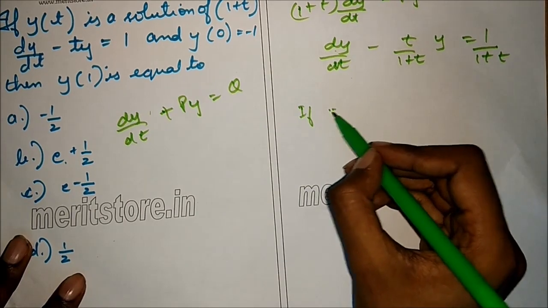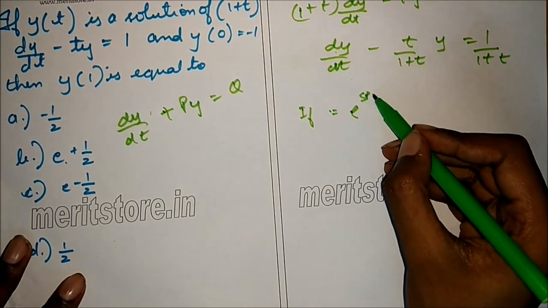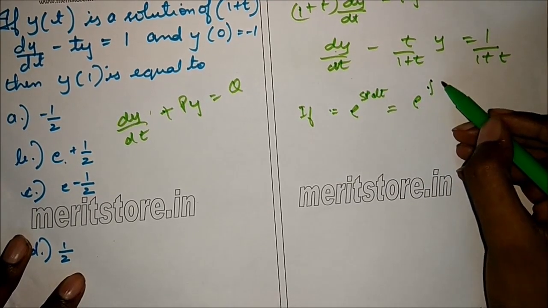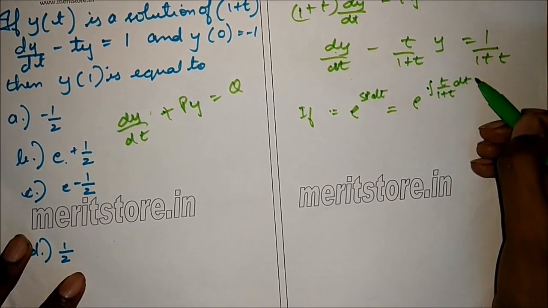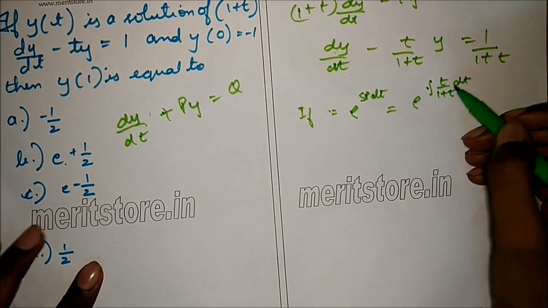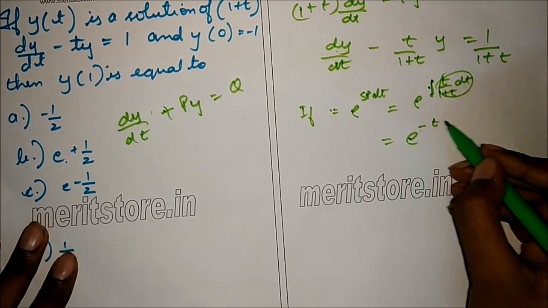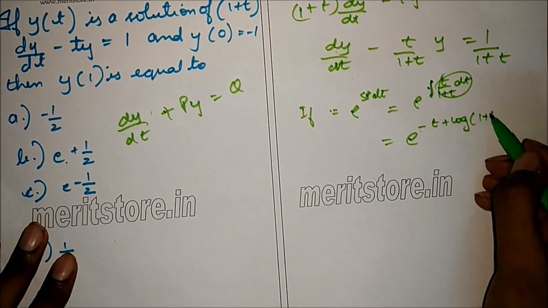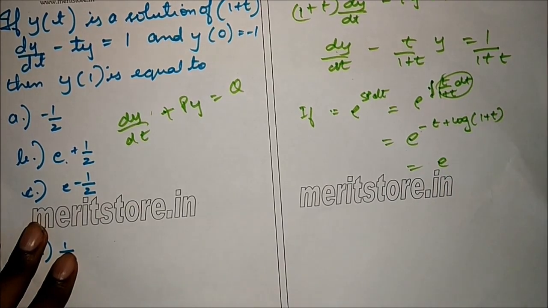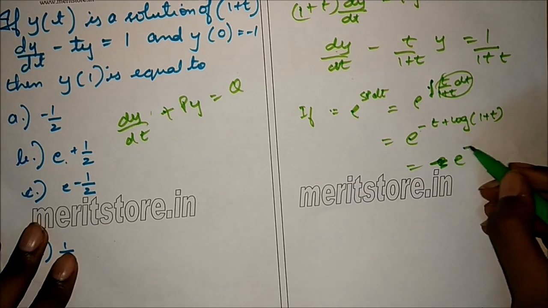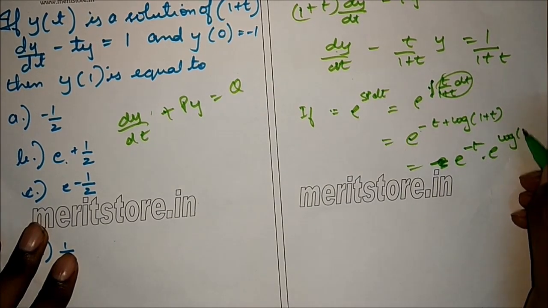So integrating factor will be e raised to integral p dt, which is e raised to integration of t by 1 plus t dt. So integration of this term will be e raised to minus t plus log of 1 plus t, which is equal to e raised to minus t into e raised to log of 1 plus t.